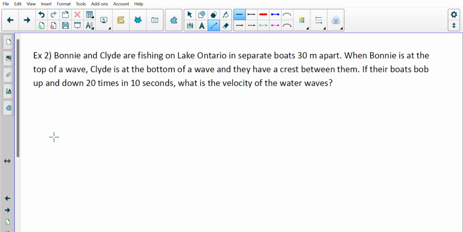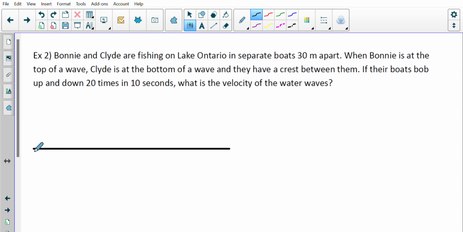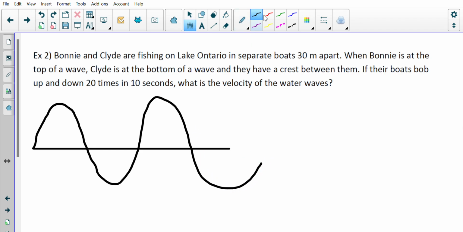All right, so first thing I'm going to do here is draw a picture of what's going on here. So, need my resting position. We've got some water waves here. So, who's on the top? Bonnie's at the top. Clyde's at the bottom. But they got a crest in between them. So let's put a little boat here. There's Bonnie.